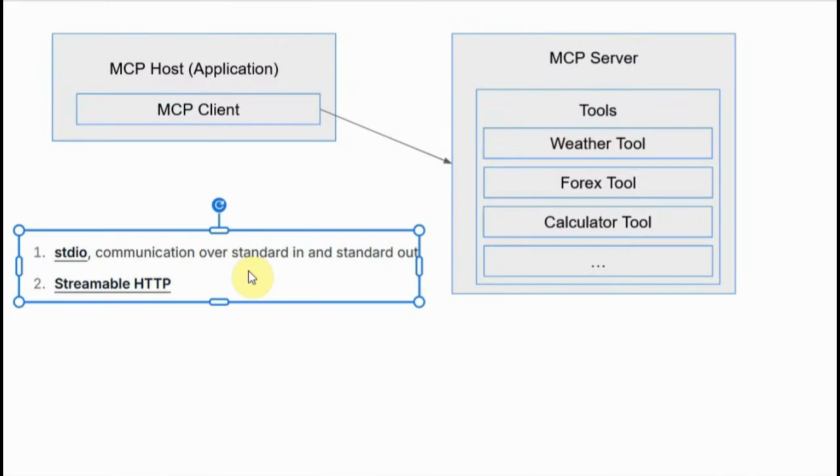The second transport is the streamable HTTP transport type. In this video, I will be using the streamable HTTP transport type for all the HTTP servers and for all the agents consuming those servers. So let me summarize.